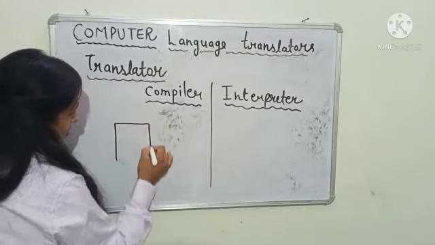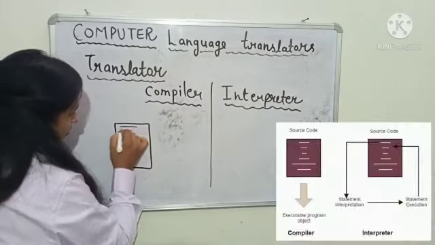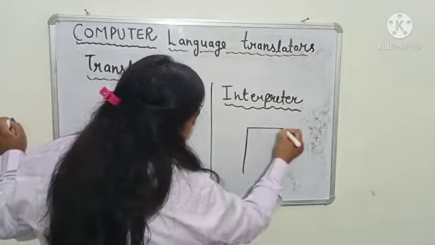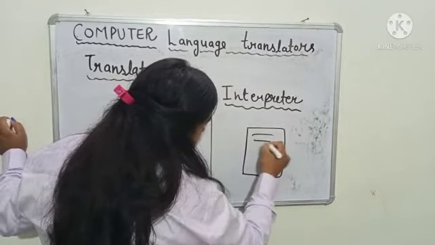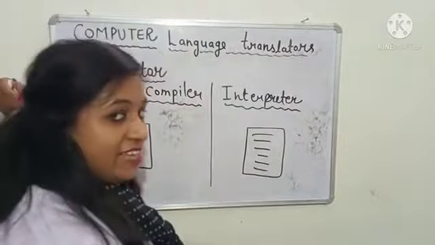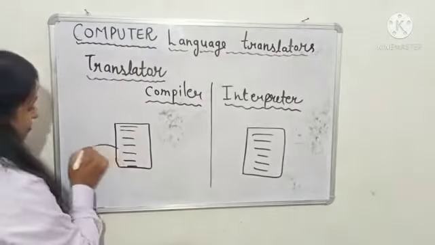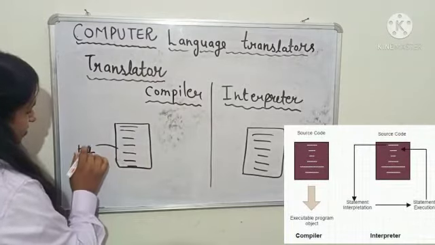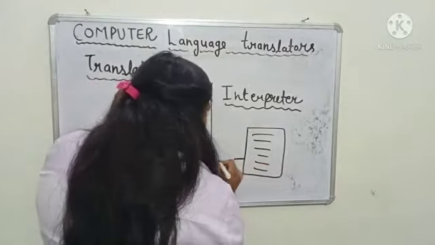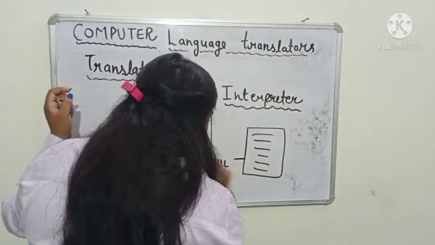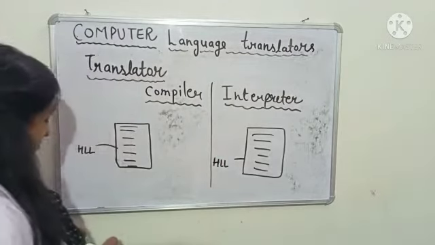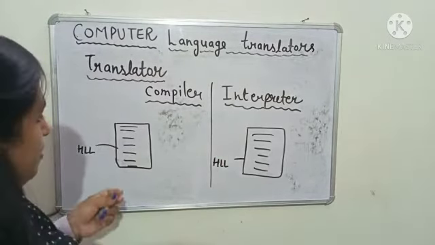Suppose this is a program, and this is also a program, and these programs are written in high level language, HLL. Now I want to convert high level language to machine code.